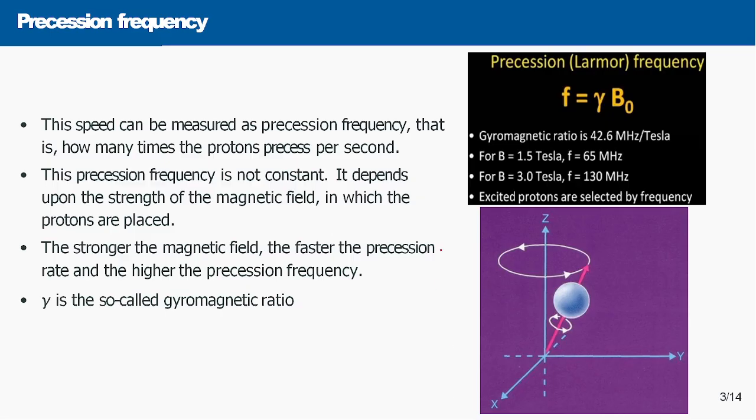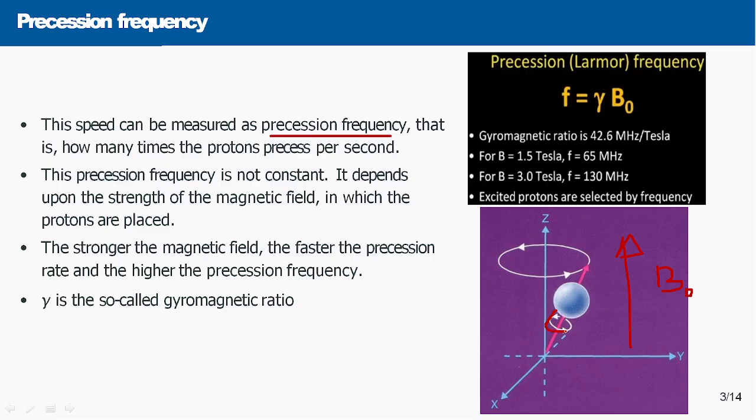Now this precession speed can be measured as the precession frequency. You can mark here that Z is the direction of the external magnetic field, B naught, and here you can mark a single proton, which we consider as one dipole moment.